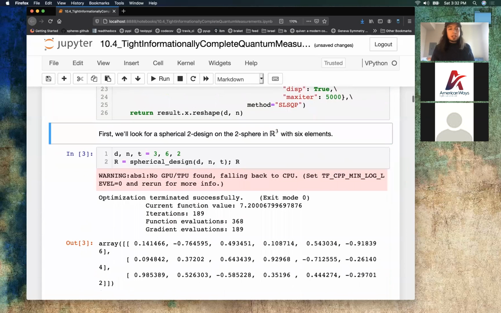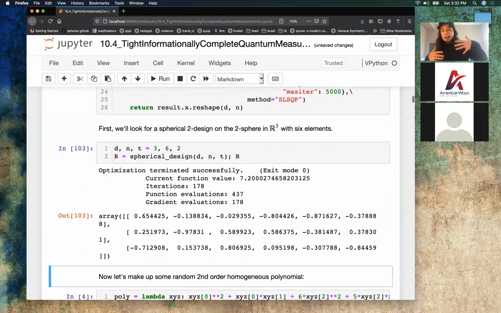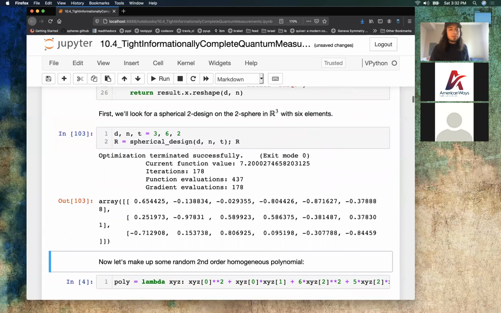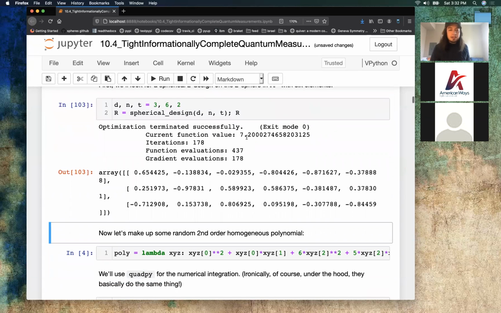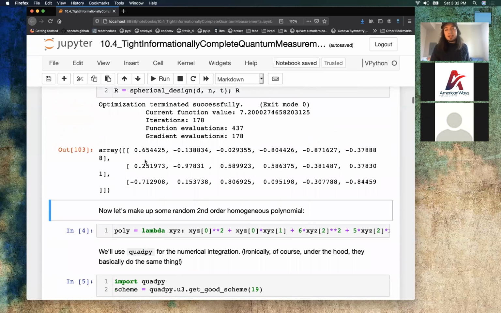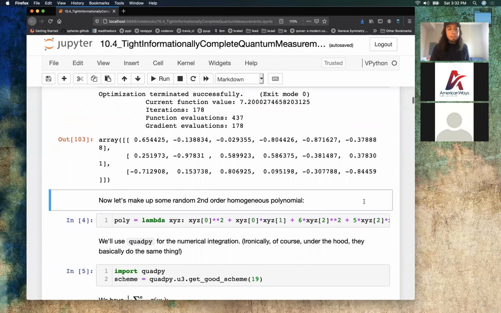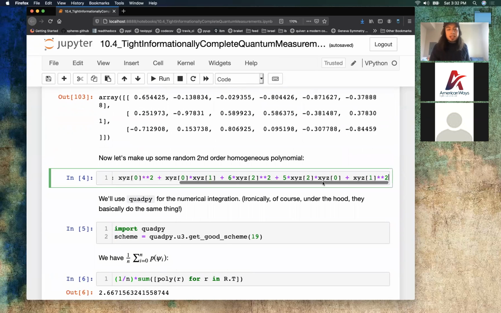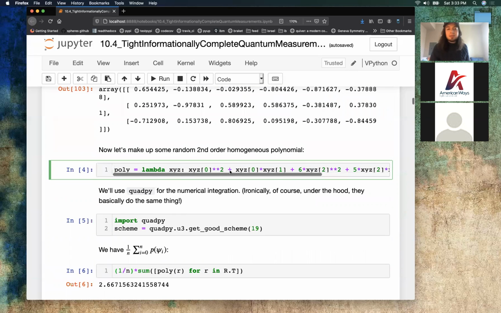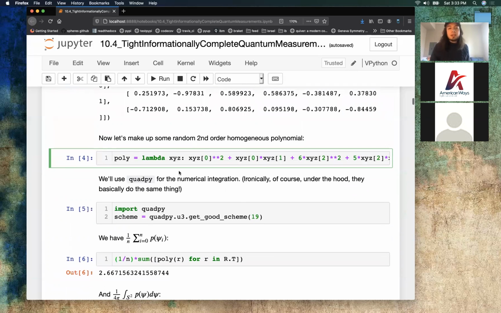So let's do it. So here we'll find for dimension 3, everyday 3 space, say 6 vectors that form a 2 design. So it did it. Here's the vectors. The columns of this matrix are the vectors. So then we can check it out. Let's make up some random second order homogeneous polynomial.